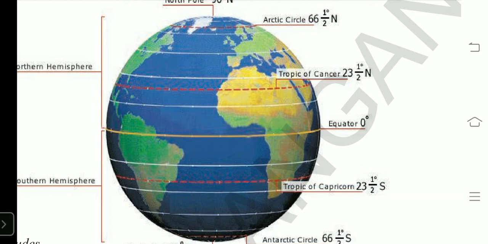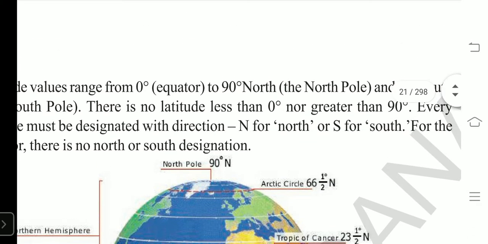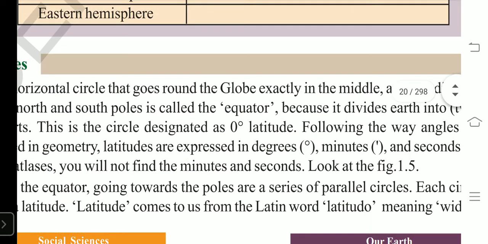For either latitudes or longitudes, we have to use some symbols. Have you observed here 90 degrees is there, right? So degrees, minutes, and seconds we use.